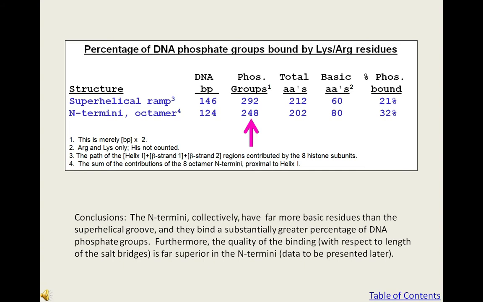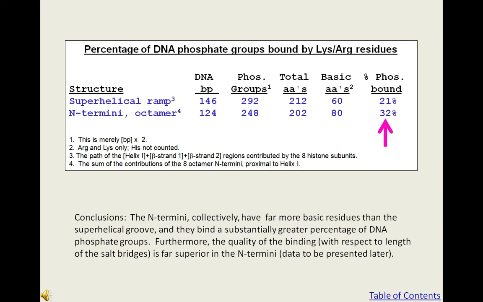Note, however, that of the total of 202 amino acid residues in the 8 N-termini, basic amino acid residues account for fully 80 of them, meaning that 32% of the phosphate negative charges are neutralized. That's a lot more than the cognate 21% figure for the superhelical ramp structure, and moreover, as we shall see shortly, the quality of the salt bridges in our new N-terminal DNA binding model is going to be extremely high, each one being nearly perfect at about 3 angstroms.